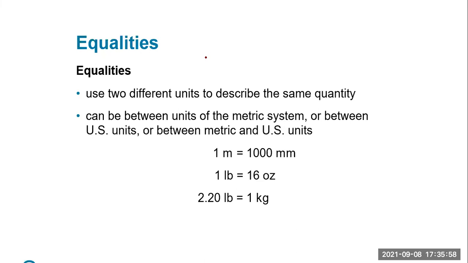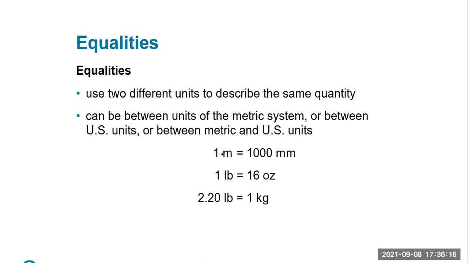Here we have 1 meter is 1,000 millimeters. That's an equality. They represent the same amount. 1 pound is 16 ounces. They represent the same mass. 2.2 pounds is a kilogram, same idea again.